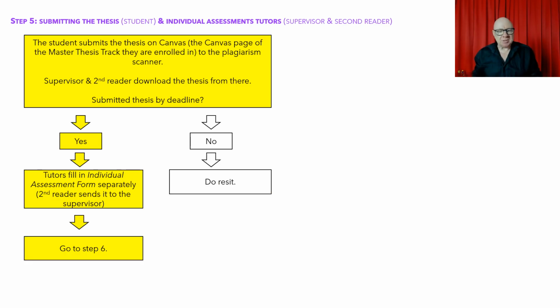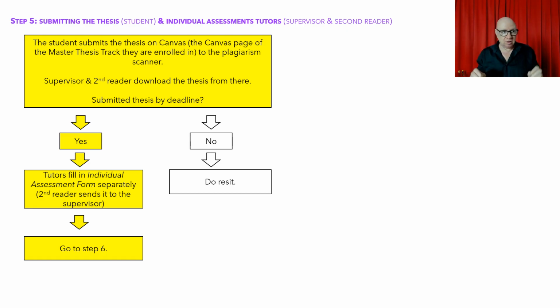Now, the next step is handing in the thesis. Of course, there's a couple of months between step 4 and step 5, the go, no-go meeting and handing in the thesis. You will get feedback from your supervisor on all the chapters. You will rewrite those chapters based on the feedback, and then in the end, you hand in a thesis.